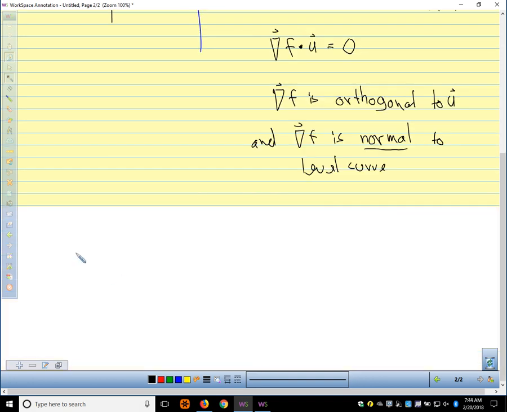So in general, we're going to say f is differentiable. We have a nice function. And we're going to say that del f at a particular point is not 0, because if the gradient is 0, then any directional derivative is 0.